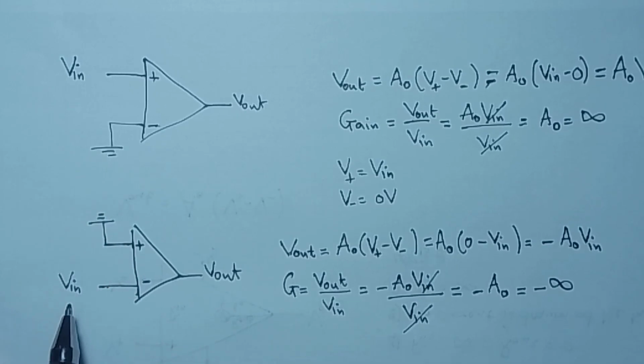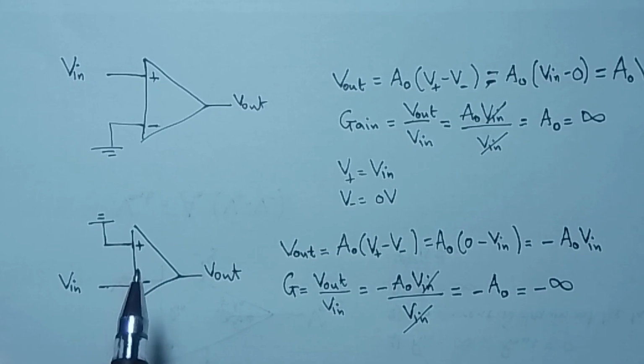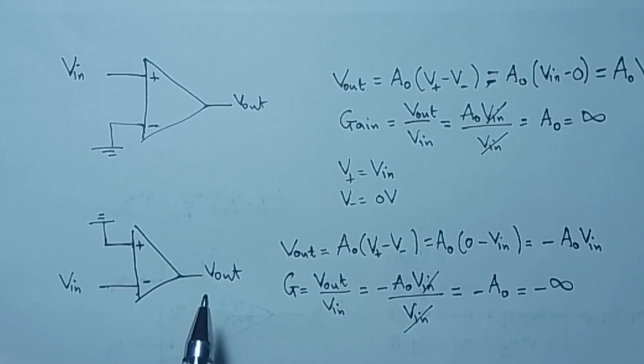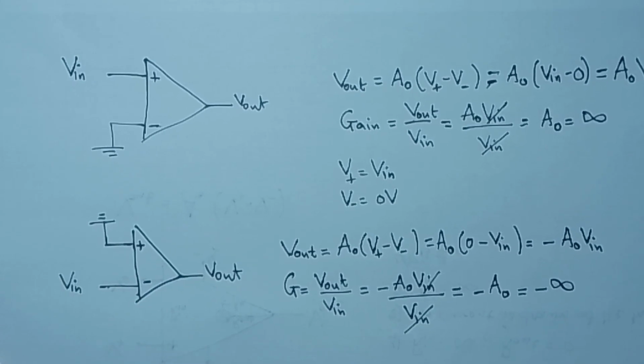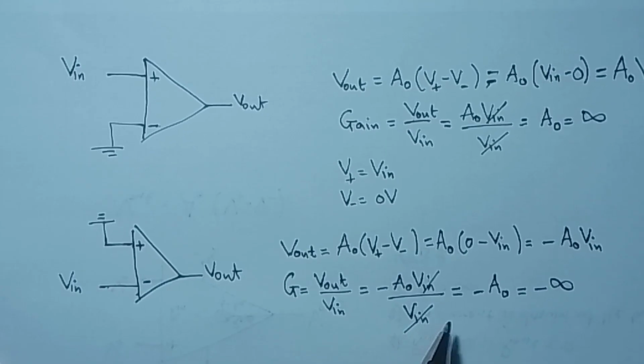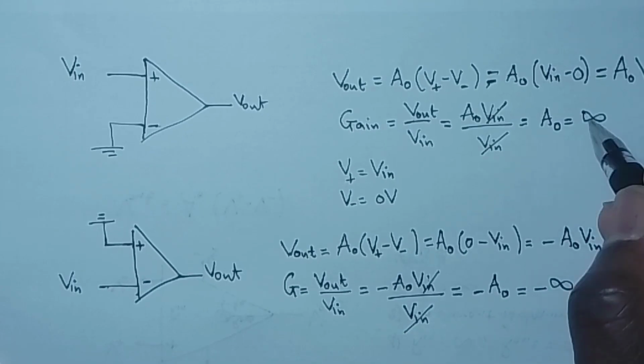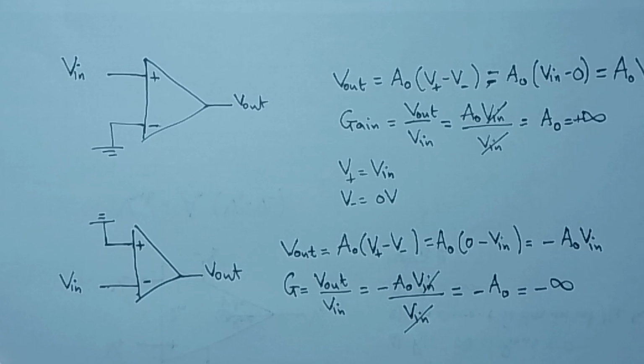So if V in is greater than 0 volt, that is not negative, then the output ideally goes to plus infinite.